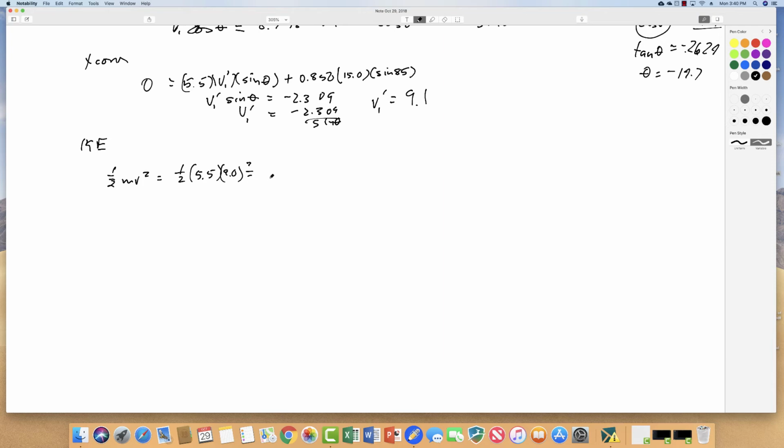And so the initial kinetic energy is 222.75. The final is 1/2 times 0.85 times 15 squared plus 1/2 times 5.5 times 9.1 squared. If you add those together, you get 95.63 plus 228.